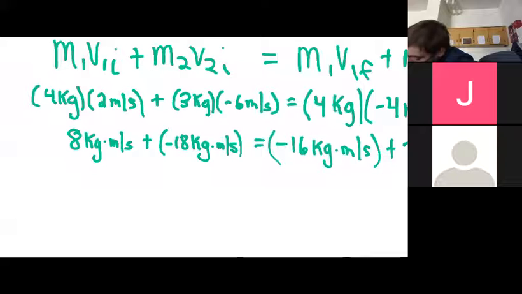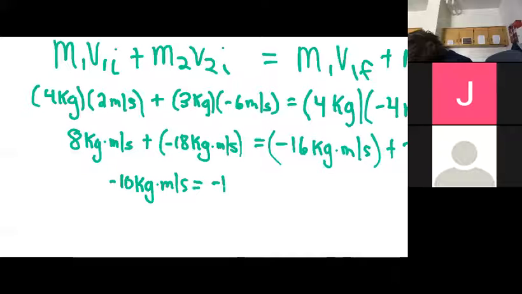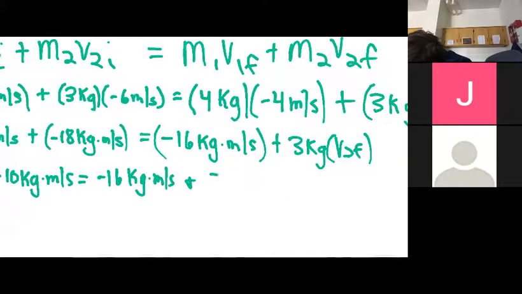Let me solve here. 8 minus 18 would be negative 10 kilogram meters per second equals negative 16 kilogram meters per second plus 3 kilograms times the final velocity of object 2.